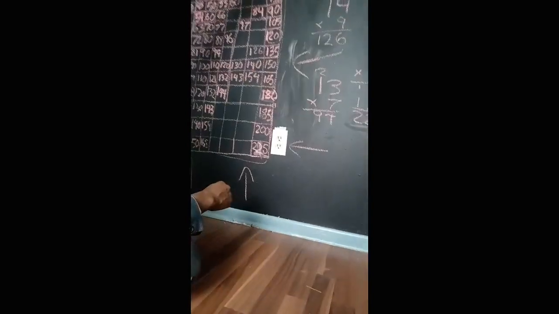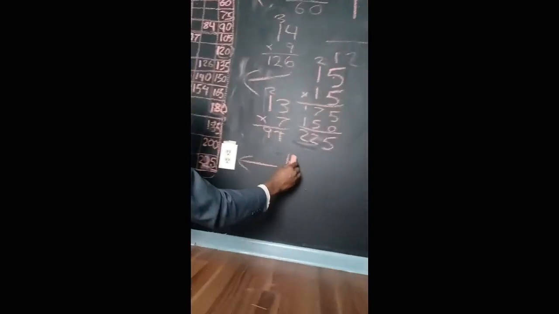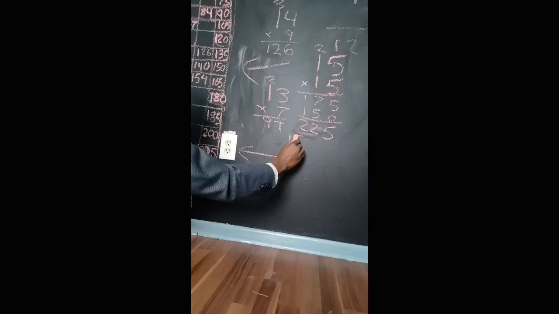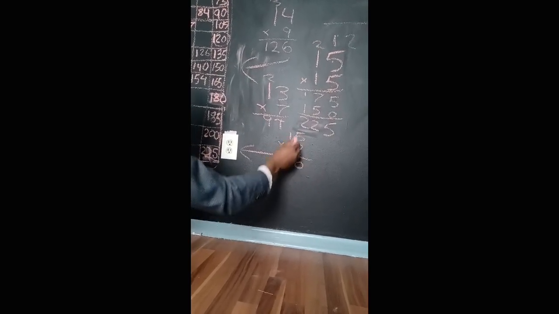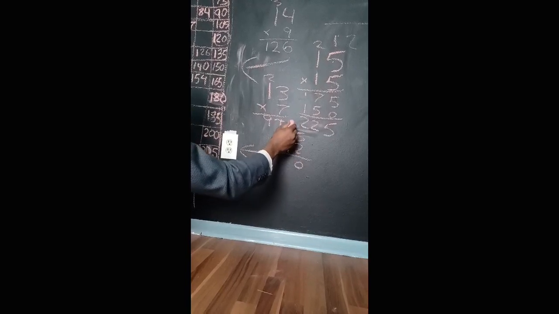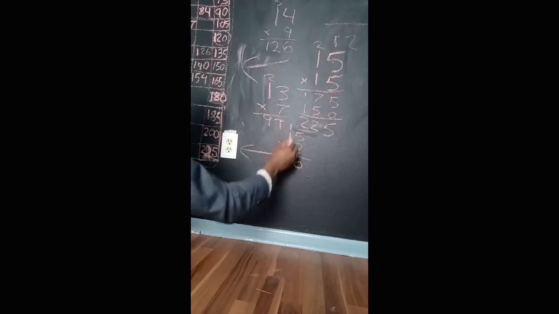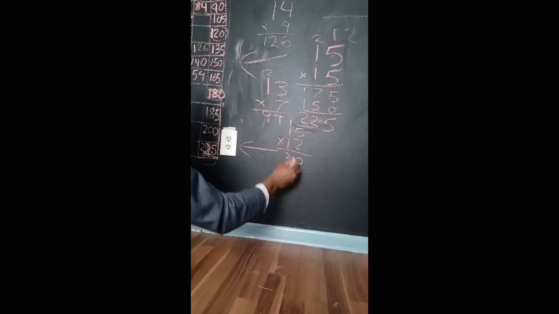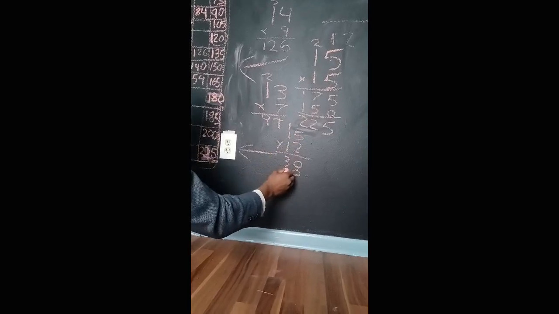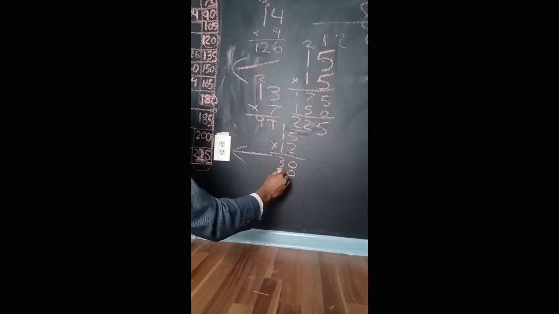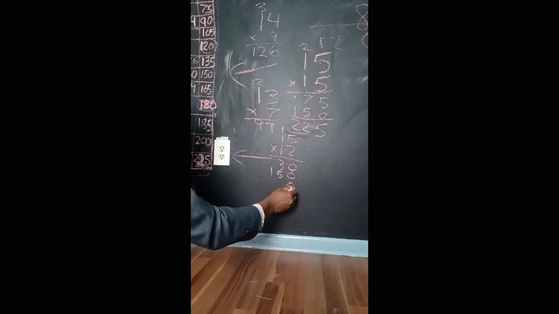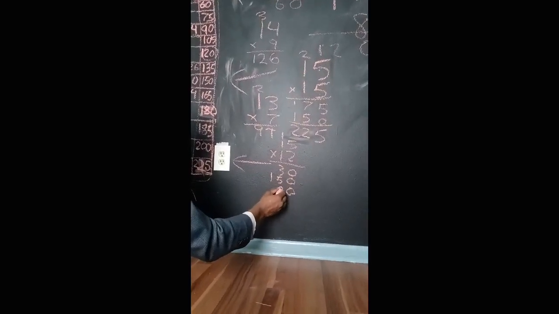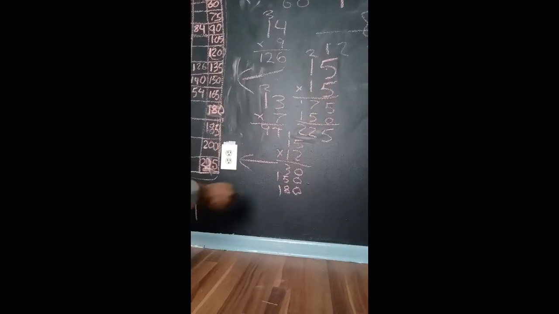12 times 15. 2, 3, placeholder, 5, 1, 1, 0, 8, 1.